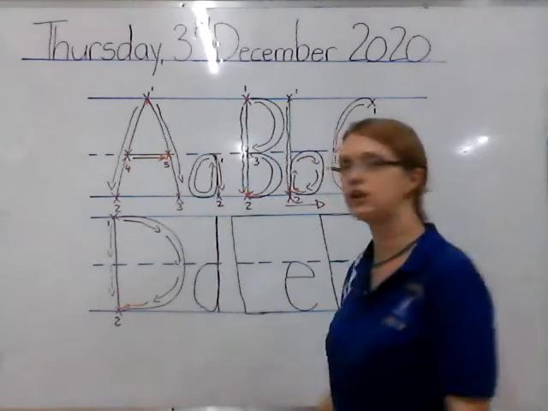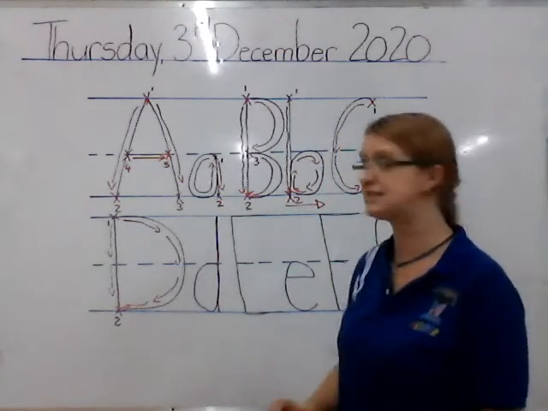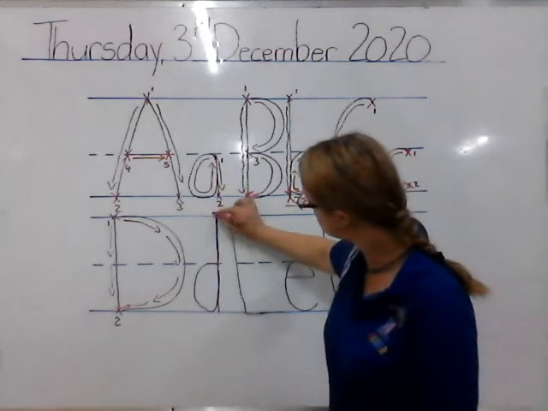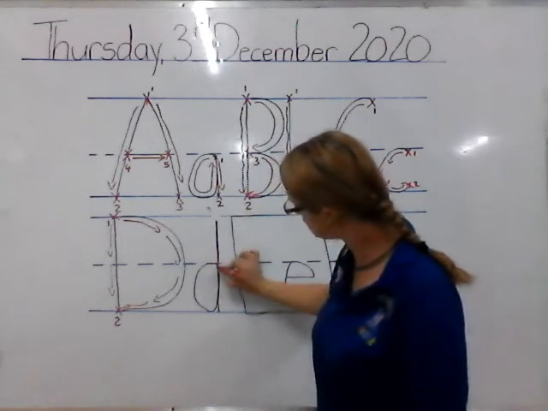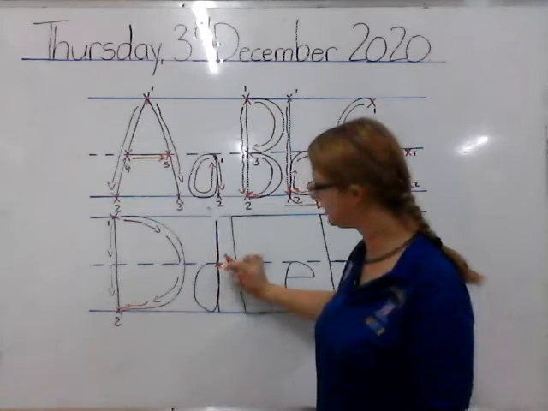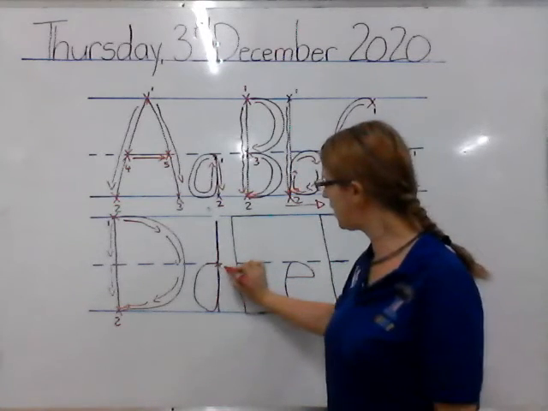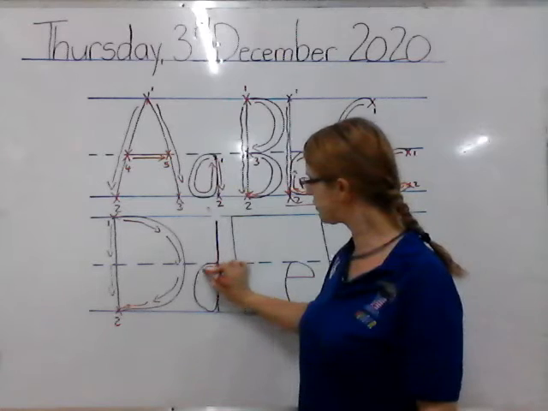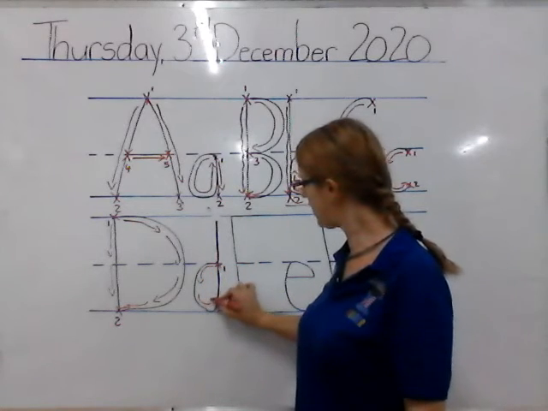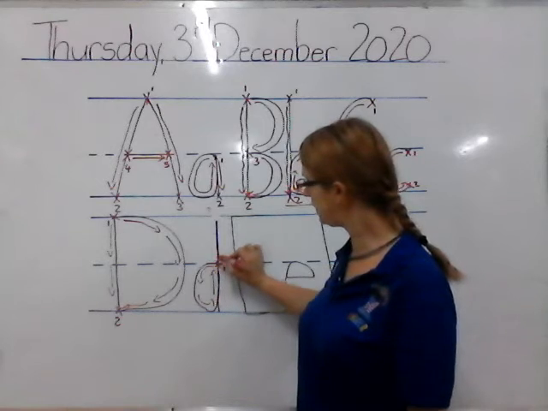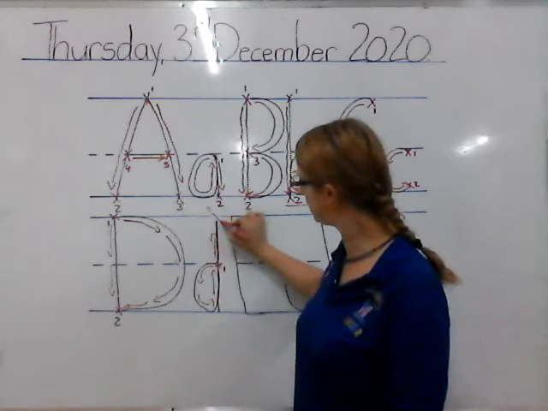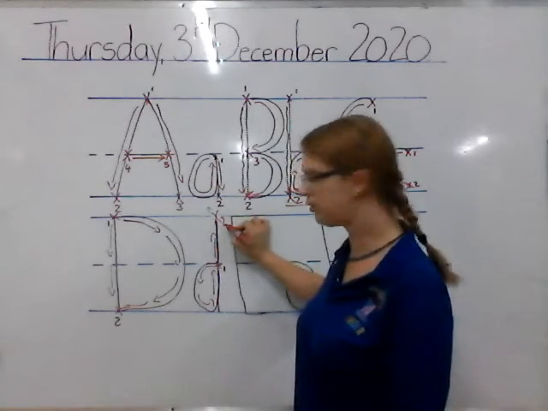And now we're going to do lowercase d. So we're going to start, oh, the wrong place. We're going to start in the middle there. At point 1, we're going to go round, round, up to point 1, and then we're going to carry on up to point 2.